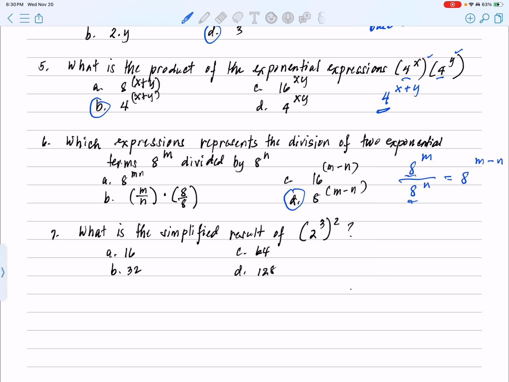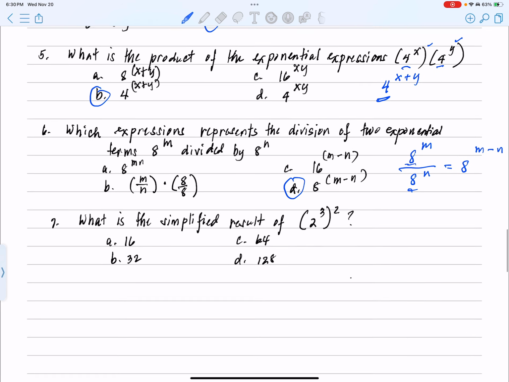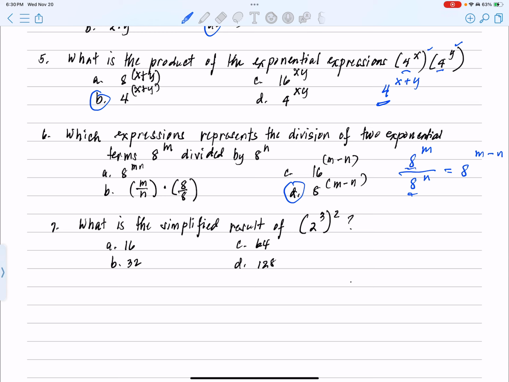Remember, when you raise a power to another power, you multiply the exponents. That means this is 3, this is 2. 3 times 2 is 6. So if you multiply 2 six times, 2 times 2 times 2 six times, you will get 64, which is letter C. All right.